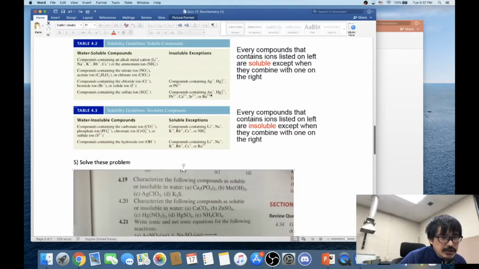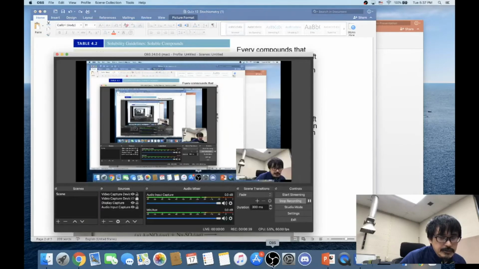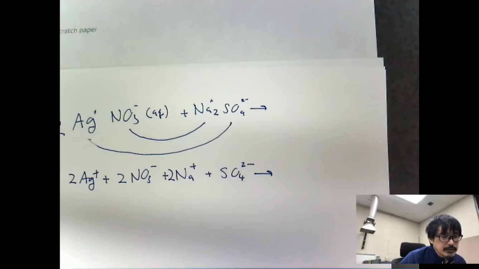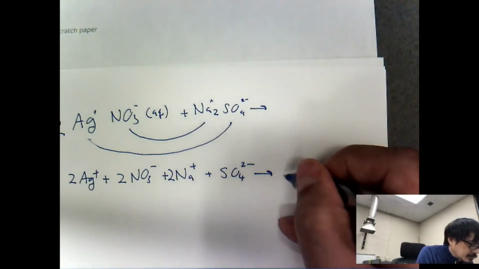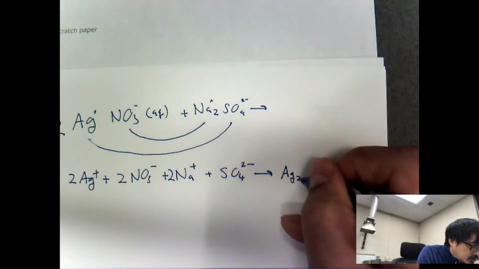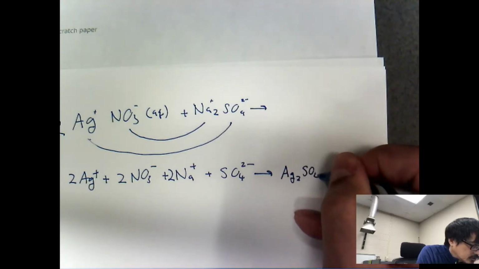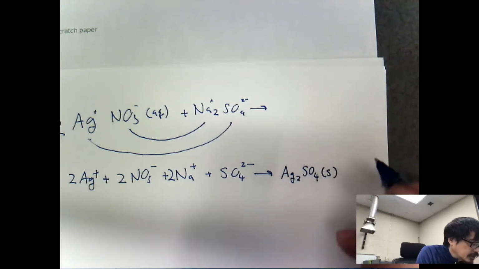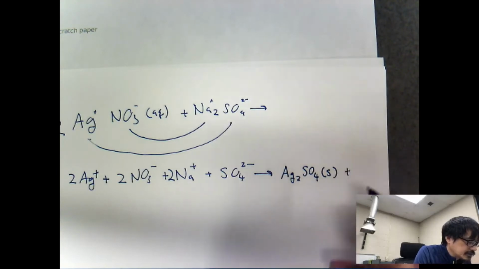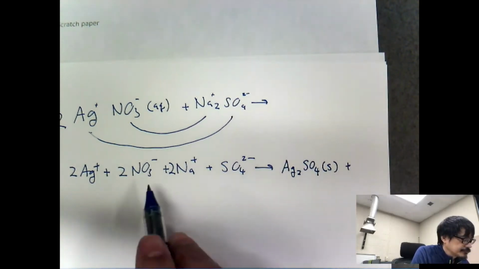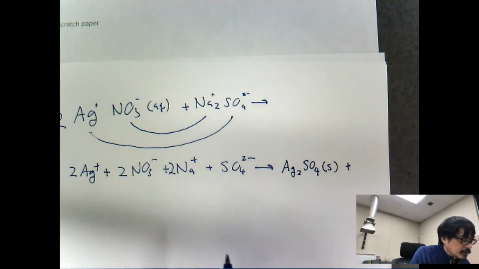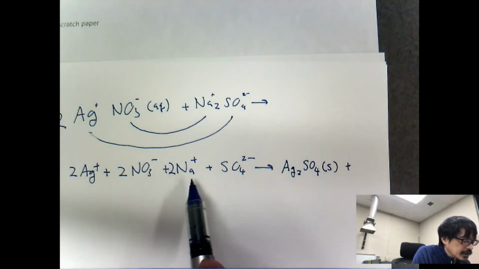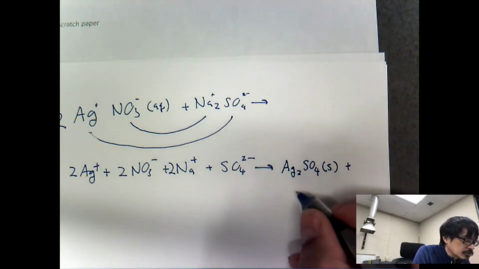By looking at these guys right here, I know it's gonna be solid, right? So Ag2SO4, that's solid, plus anything that combined with Na is going to be water soluble, right?